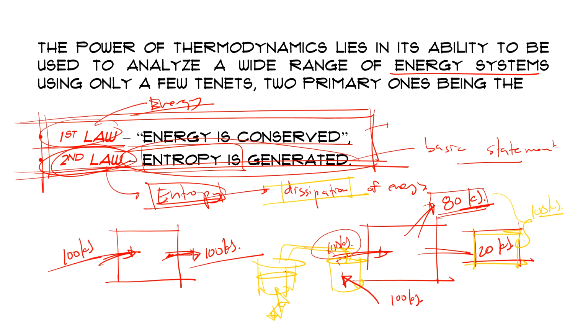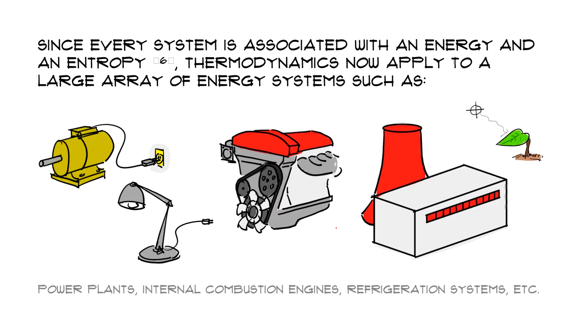That means the work output that we can get is just 20 kilojoules, just as an example. So some of the energy is actually lost into the surroundings, and if we account for that, it's going to be 80 kilojoules, and the sum of these will be the input. So this is dissipated energy. Okay, so that's the concept of the two principles.